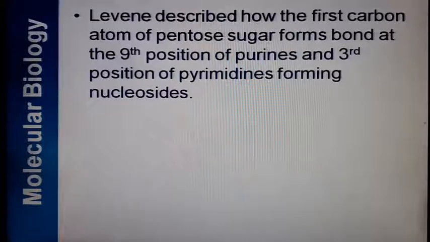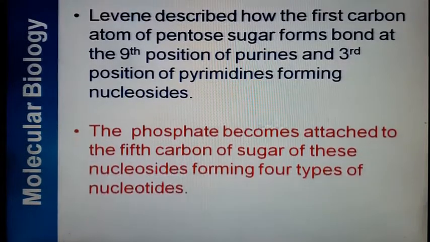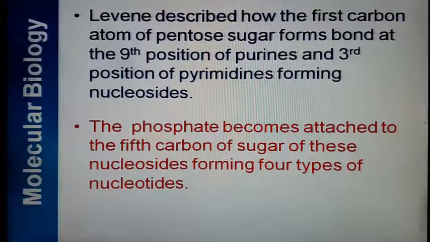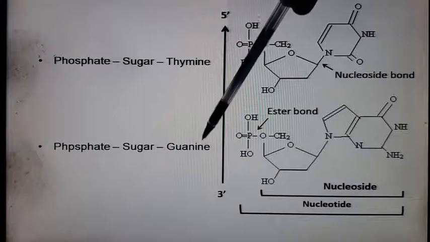Purine becomes attached by its 9th position and pyrimidine by its 3rd position. The phosphate becomes attached to the 5th carbon of the sugar and forms a nucleotide. So in a nucleotide: phosphate, sugar, and a nitrogen base, thymine or guanine, anything.